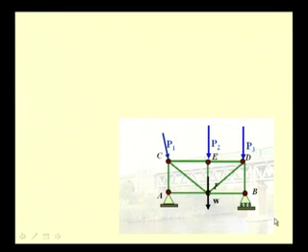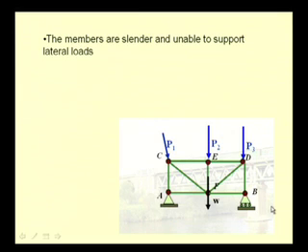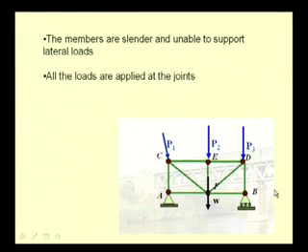Some other things that you have to remember is that these members, being slender, cannot support lateral loads. That means we cannot apply a load at this point, and the loads have to be applied only at the extremities, that is the joints.